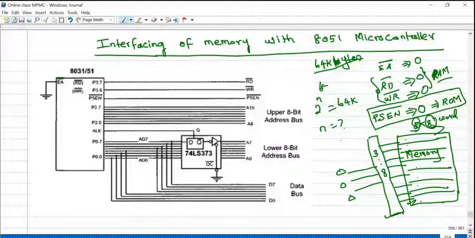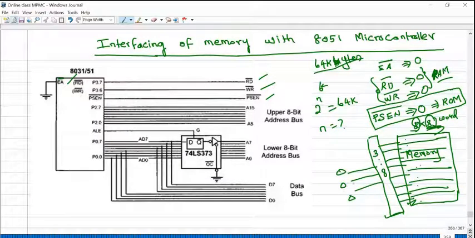Depending on the n value, we need that many address lines. One location can store 1 byte of information, and 1 byte equals 8 bits. So 2 power 16 equals 64 kilobytes. So read bar, write bar, program store enable, and external access are over.